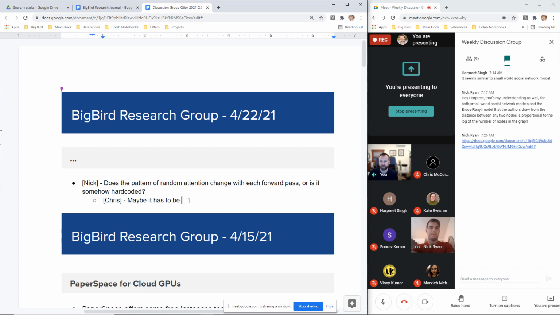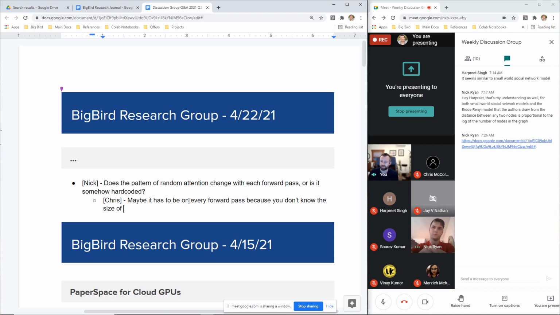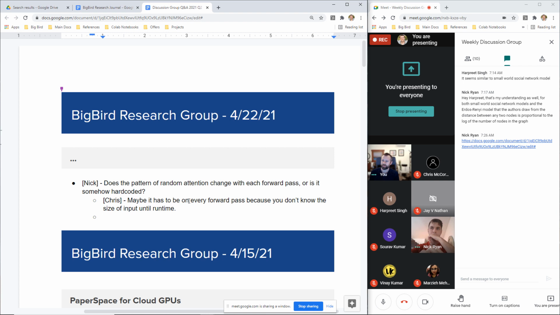Yeah, I'm thinking maybe it has to be on every forward pass because you don't know the size of the input until runtime, right? So you've got to pick two random blocks out of what's there. And what's there can change on every execution of the model because it can accept variable length sequences.